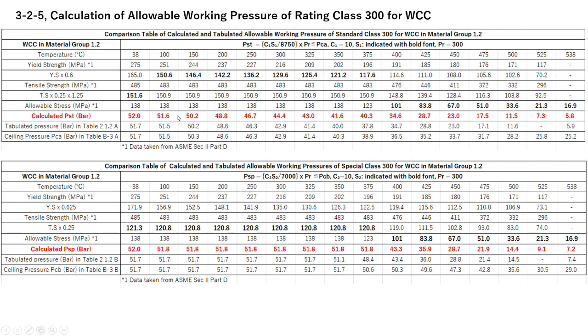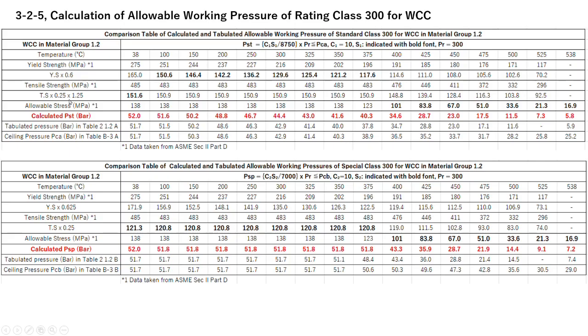Next is in case of the standard class 300 for WCC casting. So lower table for special class 300 for WCC casting. Same manner is indicated. So yield strength and tensile strength for WCC casting taken from ASME section 2 part D. So indicated here, and tensile strength also here.